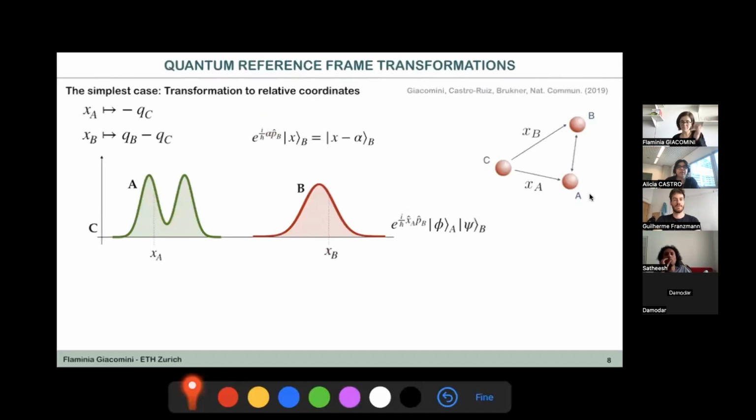Let's compare them. So first, you notice that here I only had the quantum system B. Here I added the Hilbert space that corresponds to the Hilbert space of the quantum system that I'm using as the new quantum reference frame. So it's a quantum system in whose position I'm centering my reference frame.